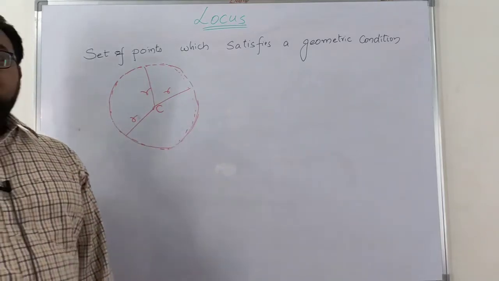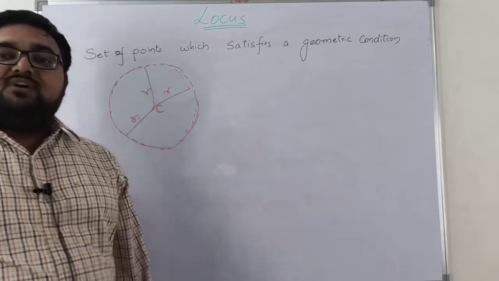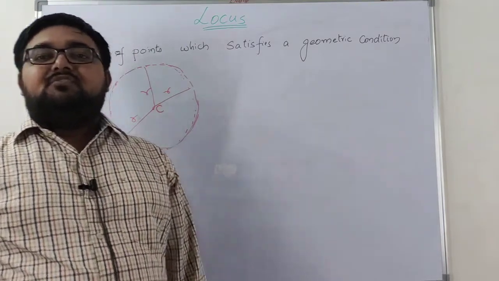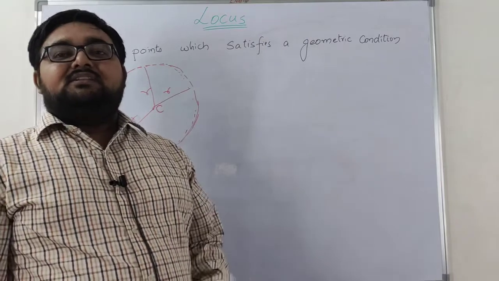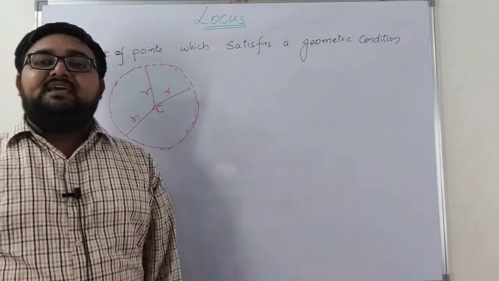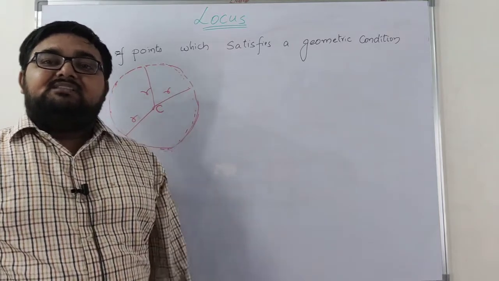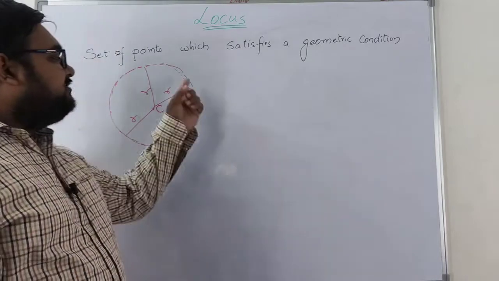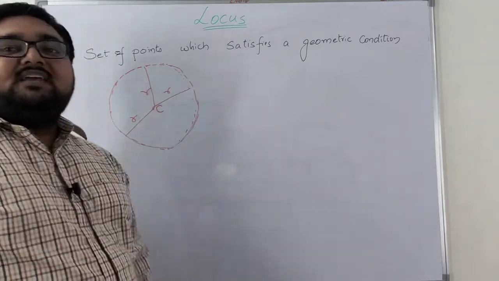So from a fixed point, if I take the set of points equidistant from the given fixed point, then I say that as the locus of that point. Here the locus formed is nothing but a circle.